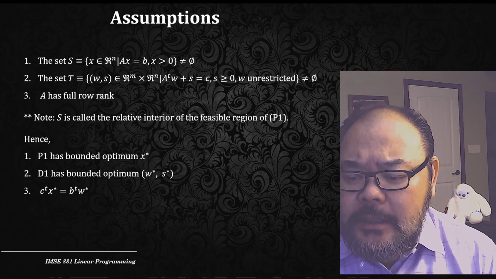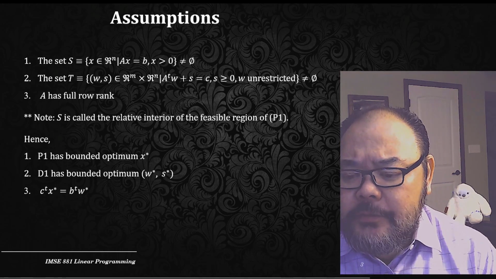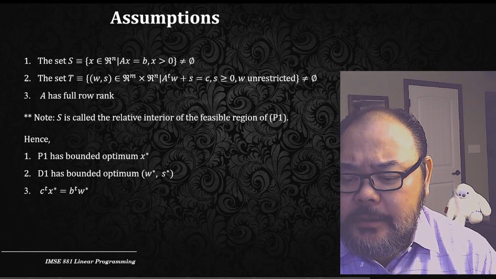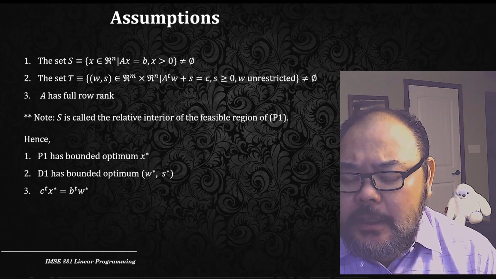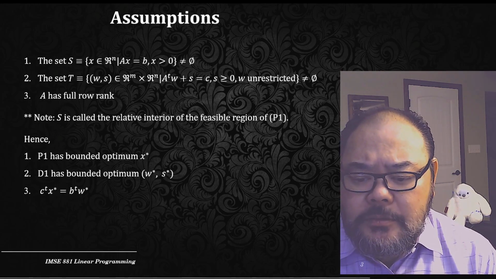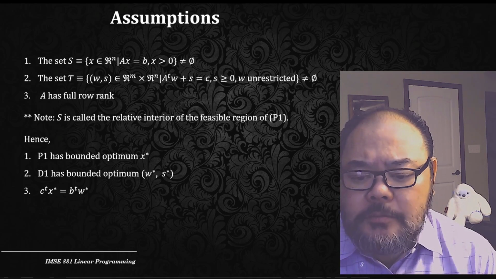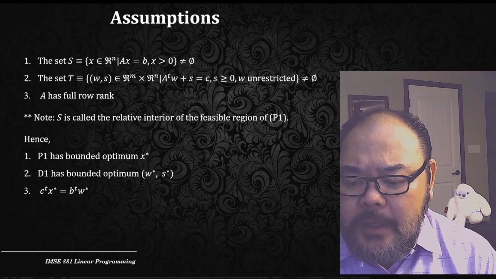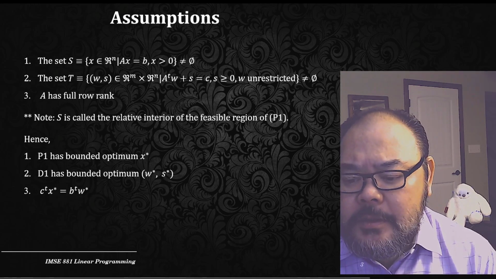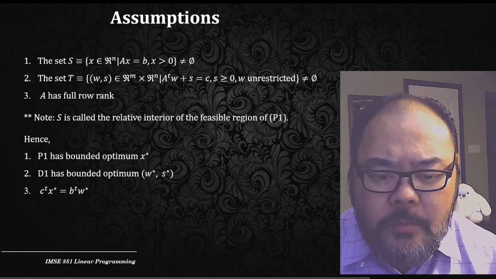We assume P1 has a bounded optimal solution, x star, and D1 also has a bounded optimal solution, omega star and s star. At the optimal, c transpose times x star equals b transpose times omega star.